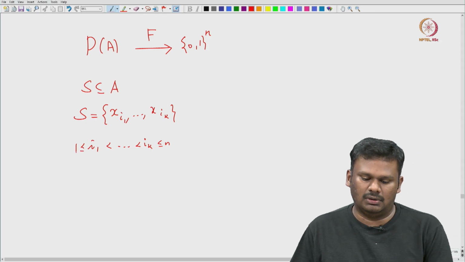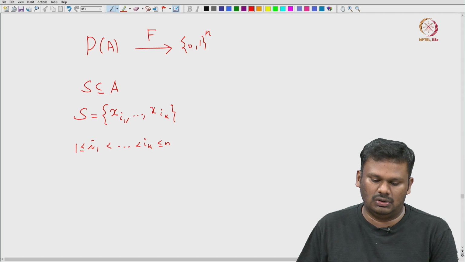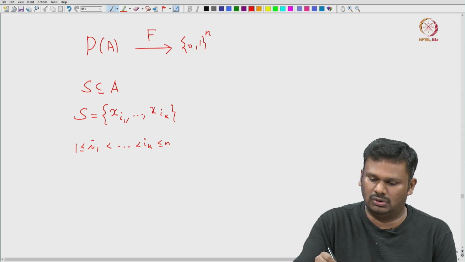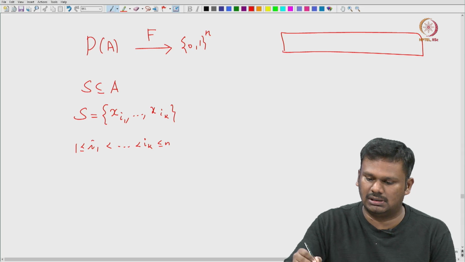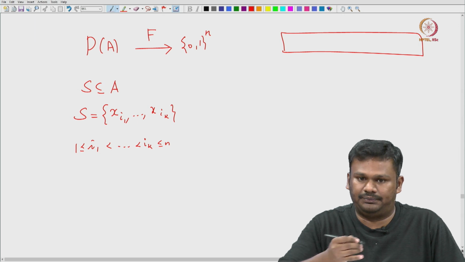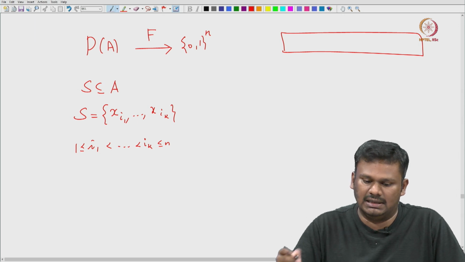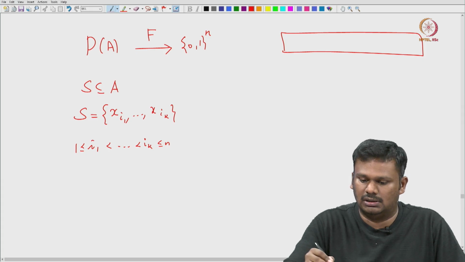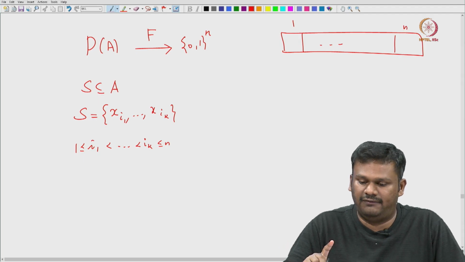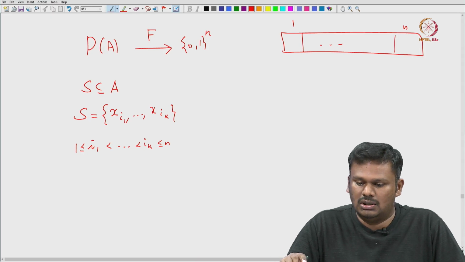From this we are going to associate an element in {0,1}^n. The way to do that is to take n boxes, because any element in {0,1}^n is an n-tuple which contains 0 or 1. So we have exactly n boxes from 1 to n, and all we need to do is fill 0 or 1 inside these boxes.